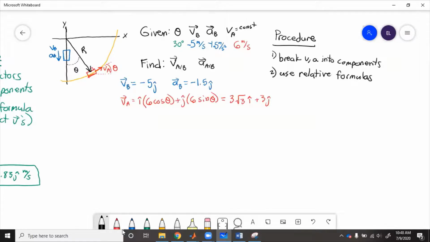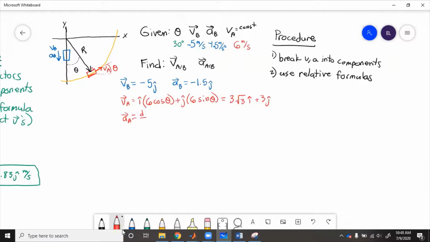The magnitude is not changing, so there's no linear acceleration, but the direction is changing. So there is some angular acceleration. So acceleration of A, we need to take the derivative of velocity.